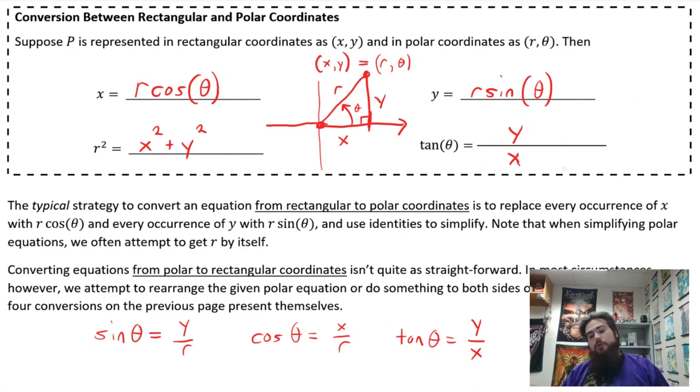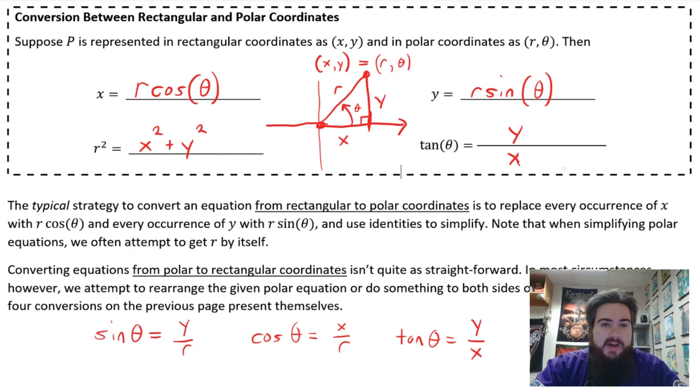We can also use these equations, as well as the previous two, when taking polar equations and converting them into rectangular ones. If I can manipulate my equation so I see r squared terms or terms of tangent of theta, or maybe r times sine of theta or r times cosine of theta, then I can use any of these equations to change polar functions or equations into rectangular ones.